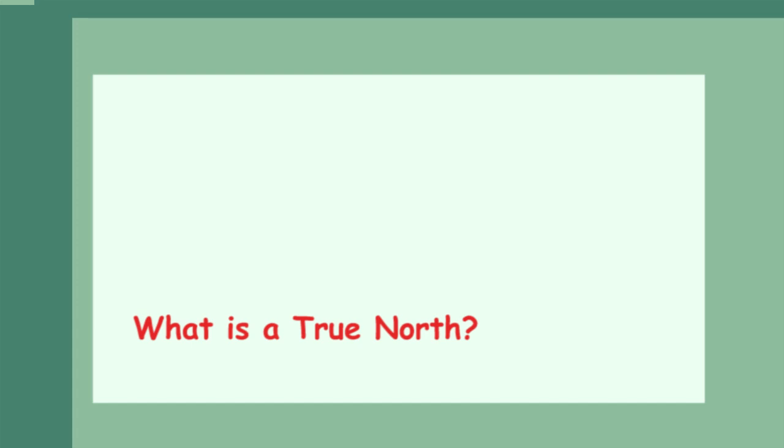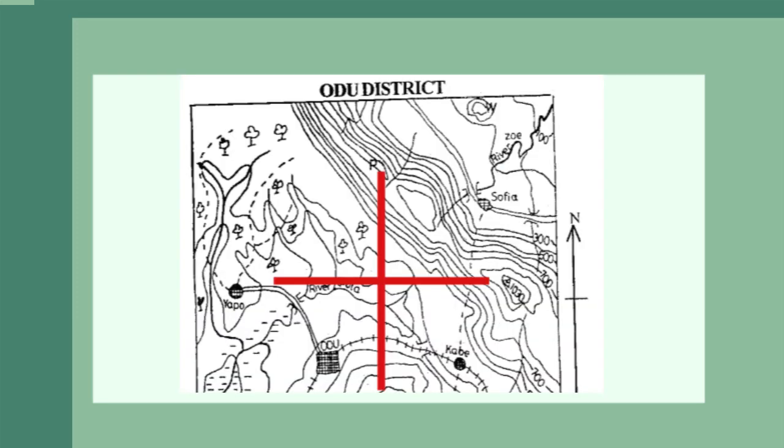Our first example will be finding true north and magnetic north. If you draw a circle or a plus within an area on a map, the straight horizontal line is regarded as angle 90, while the straight vertical line is regarded as 0 or 360, the true north.